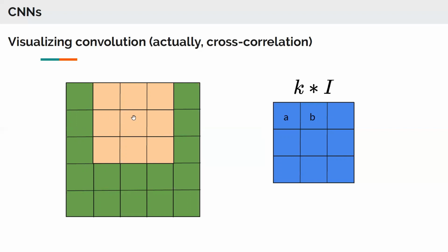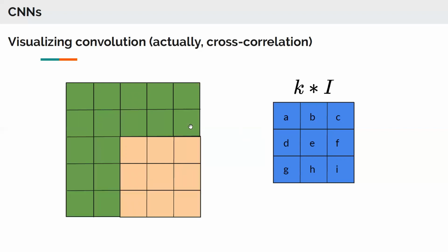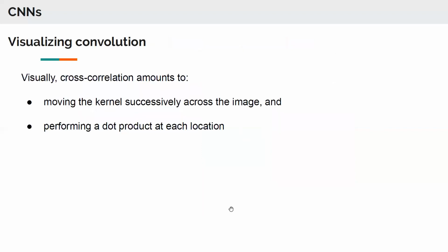We do it again, and once we reach the extreme right of the image, we come down and carry on like this until we have covered the whole image. Then we end up getting the output of the operation. So in words, cross correlation amounts to moving the kernel successively across the image and performing a dot product at each location.